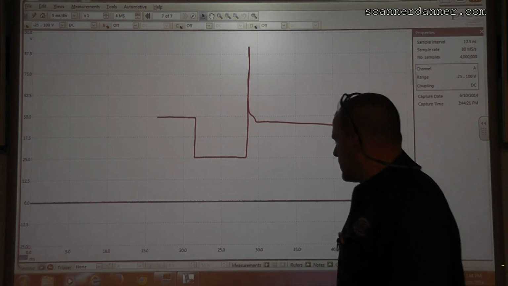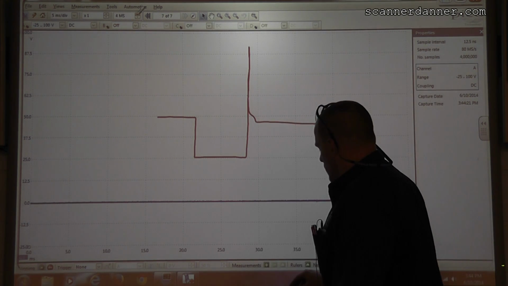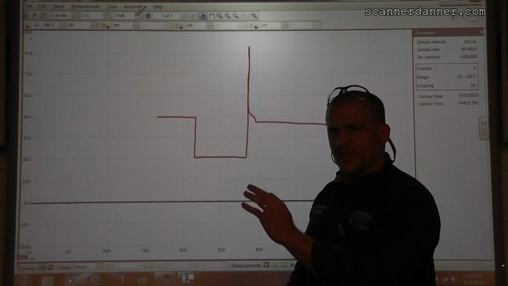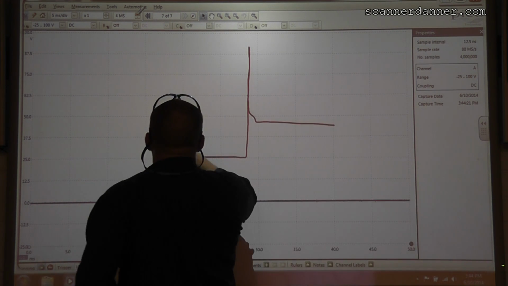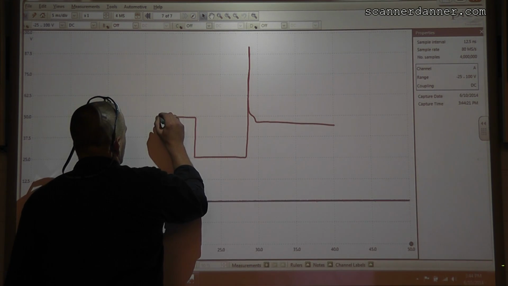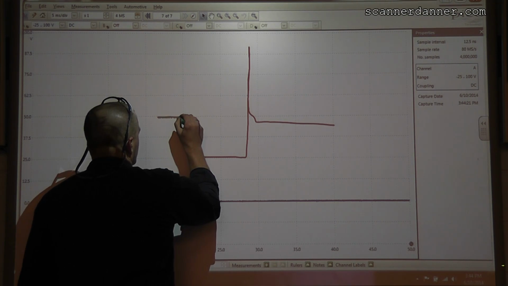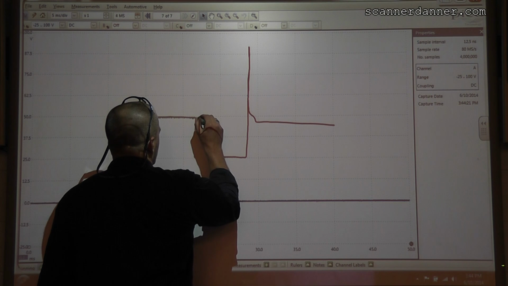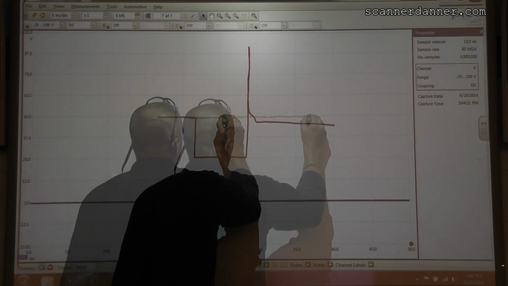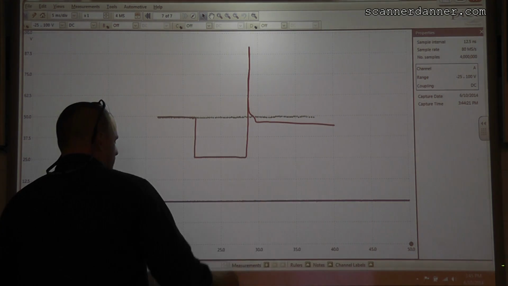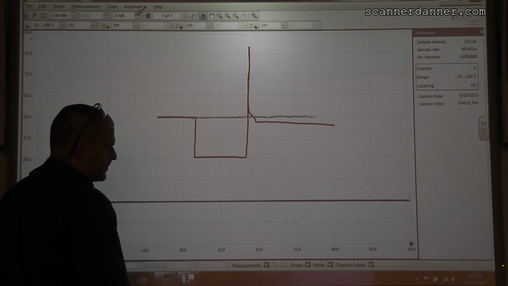Let's say that we were sampling the signal, and my green dots will represent the sample rate of the scope. What's that going to look like when we draw it?